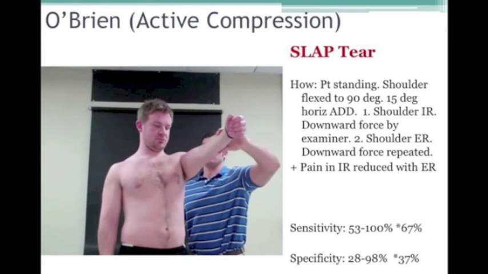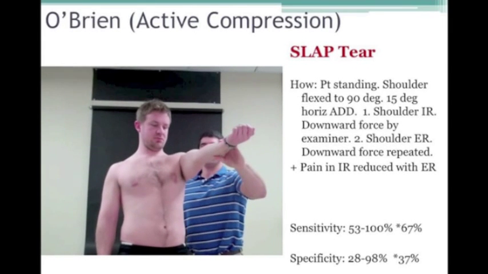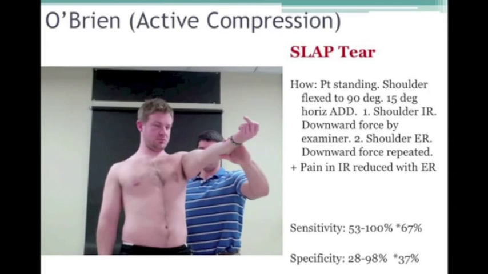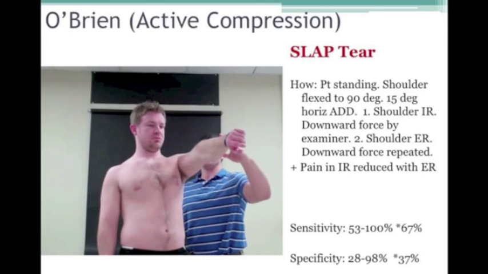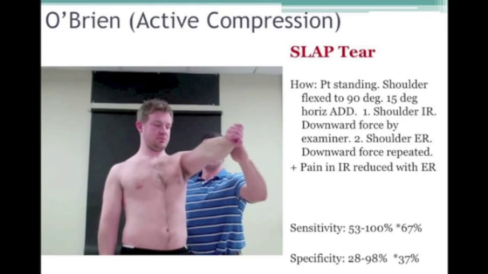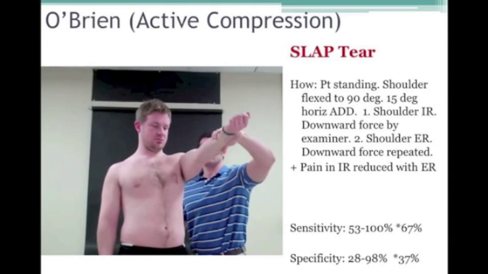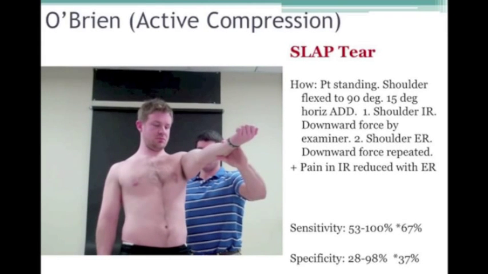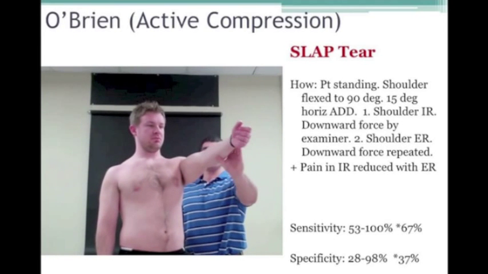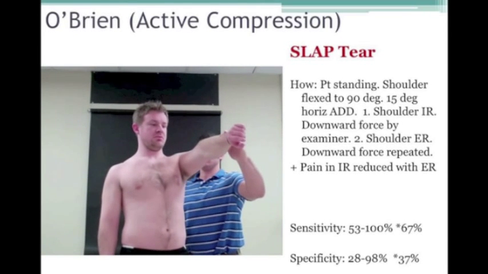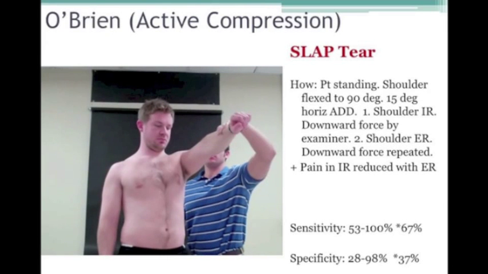The reason I bring this test up is it's well known and highly taught, but the numbers actually aren't very good, really, with a 67% sensitivity, 37% specificity, and although it will show later that it's helpful on other pathologies, for slap tear this might not be a good go-to test, but important to know because you'll see it out there a lot.